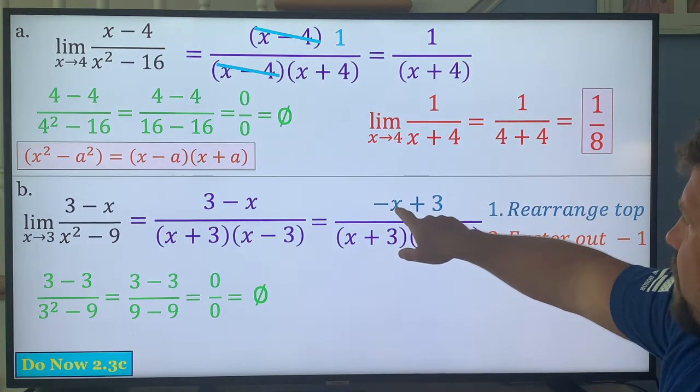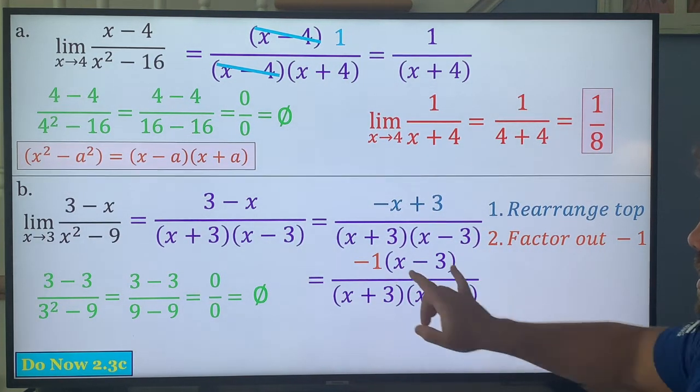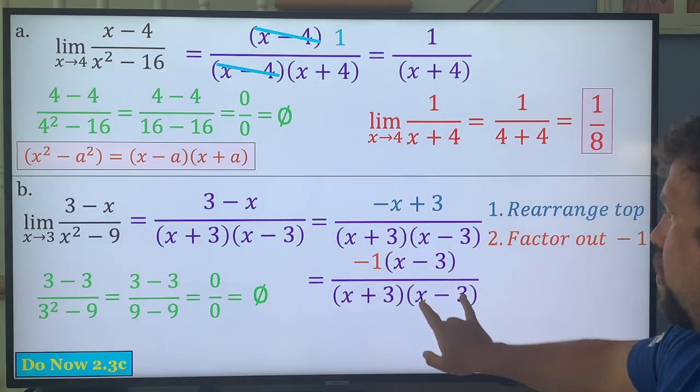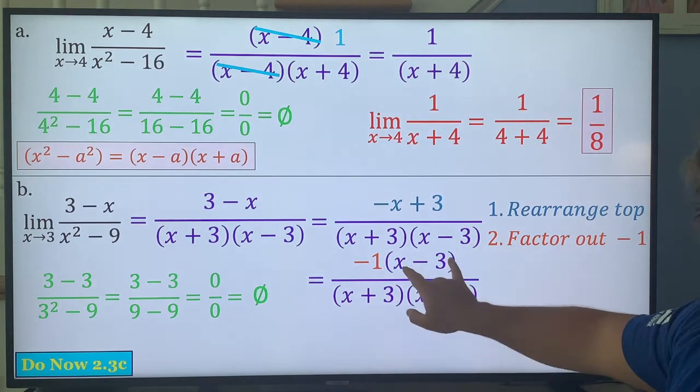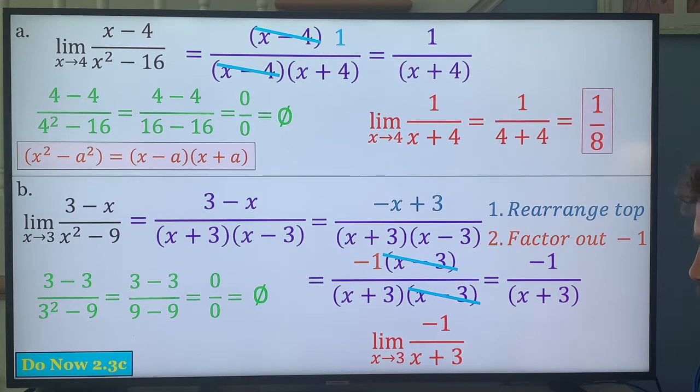So if I take a negative 1 out, this becomes positive and that becomes negative. Now look at it. Ooh, they're exactly the same, which is what I want. So you cancel them out, leaving me with negative 1 over x plus 3. The limit of negative 1 over 3 plus 3 is 1 over 6. Negative 1 over 6, actually.